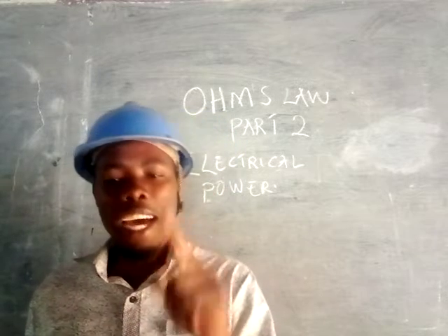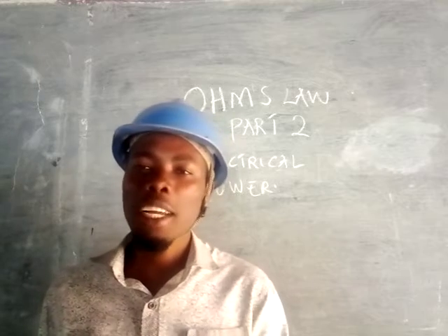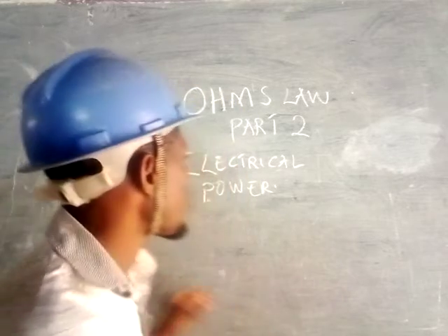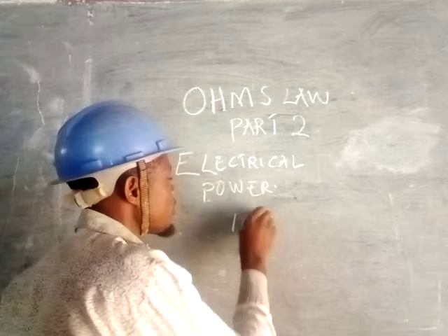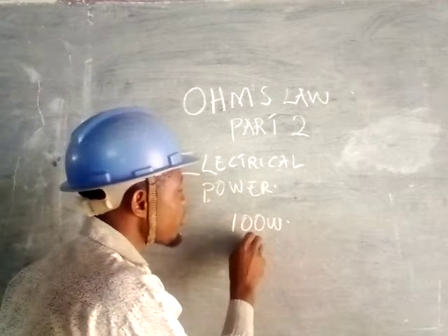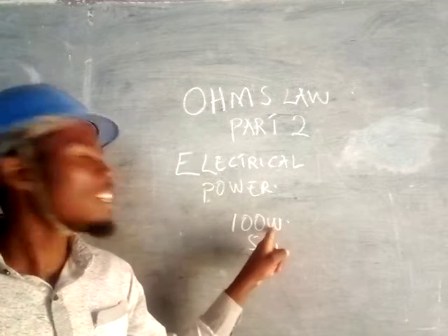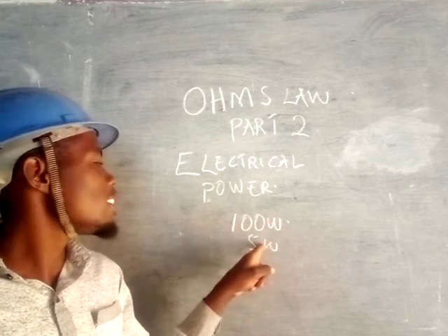So the higher their ratings in watts, the more power they will consume. Like if you have a 100 watt bulb, it doesn't absorb power like a 5 watt one. It means this 100 watt bulb will consume more power than the other one.